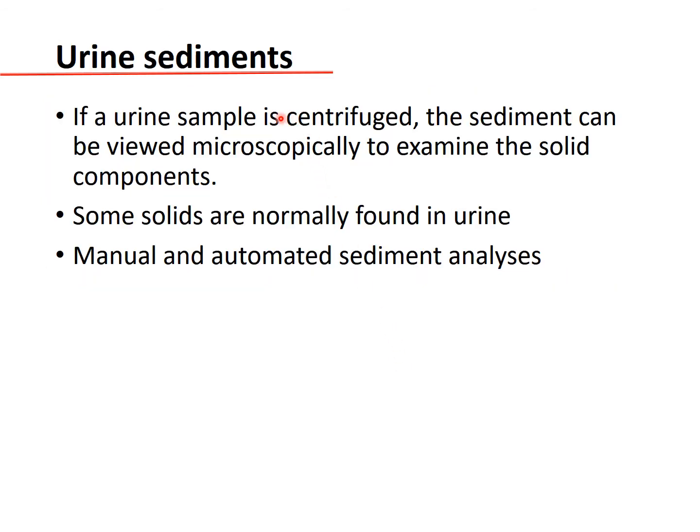Urine sediments. If a urine sample is centrifuged, the sediment can be viewed microscopically to examine the solid components. Some solids are normally found in the urine. That can be performed manually by microscope or by automated sediment analysis.